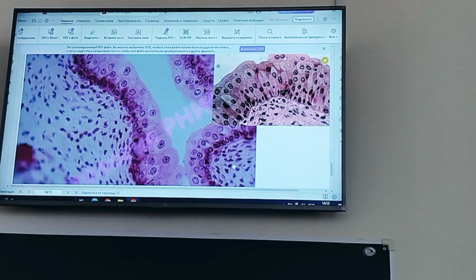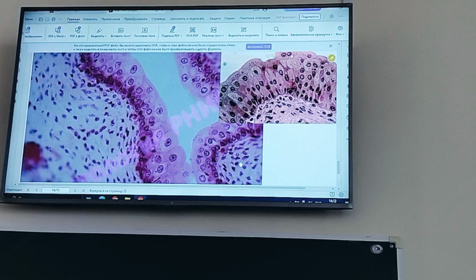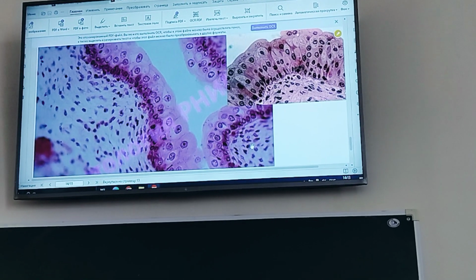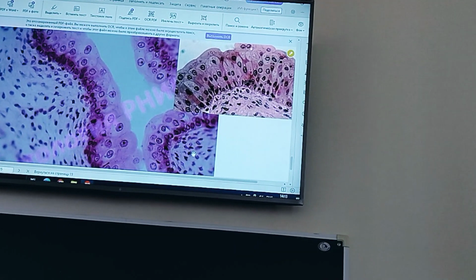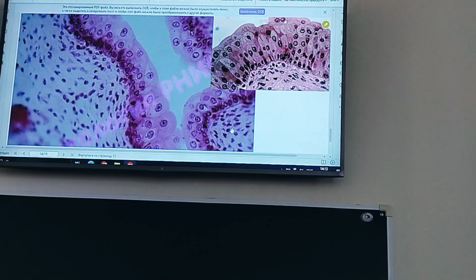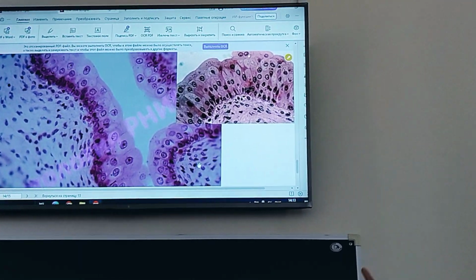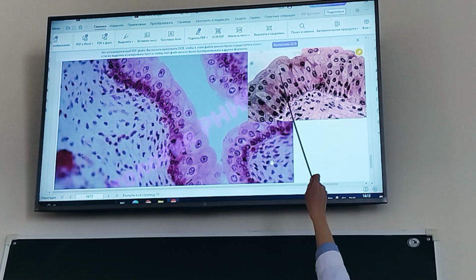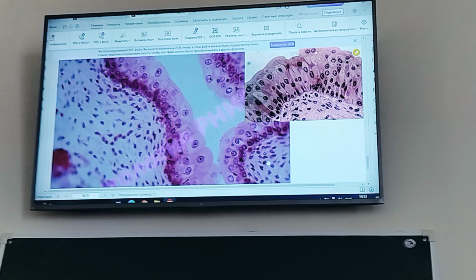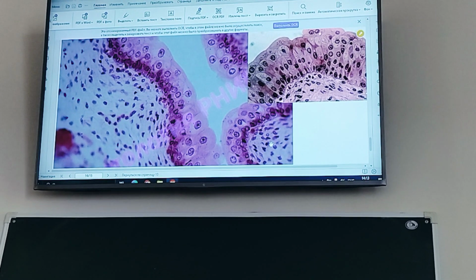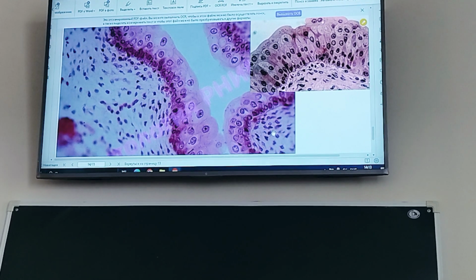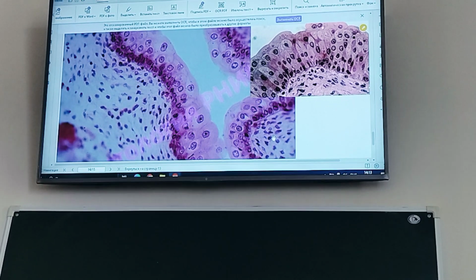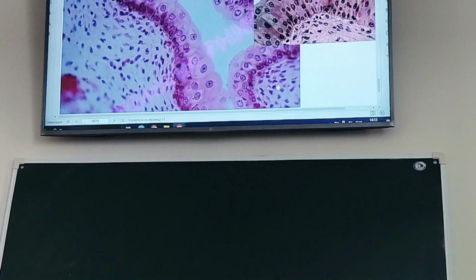There is one interesting case where superficial cells are the largest: urothelium, transitional epithelium, where superficial cells are umbrella cells, the largest cells. This is our case, with a dome-shaped apical surface.